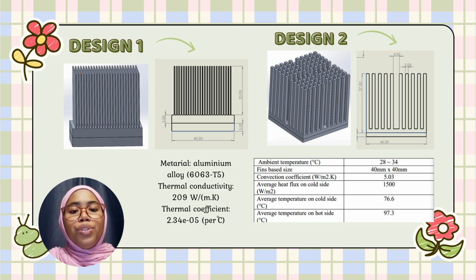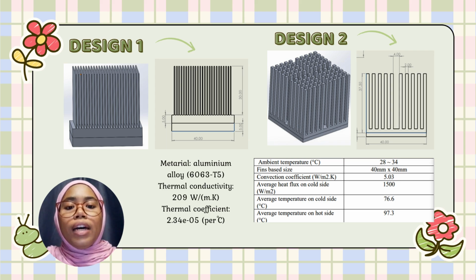Then the ambient temperature for these two designs is in the range of 28 to 34, and the fin base size for both designs is 40 mm by 40 mm for the length and the width.